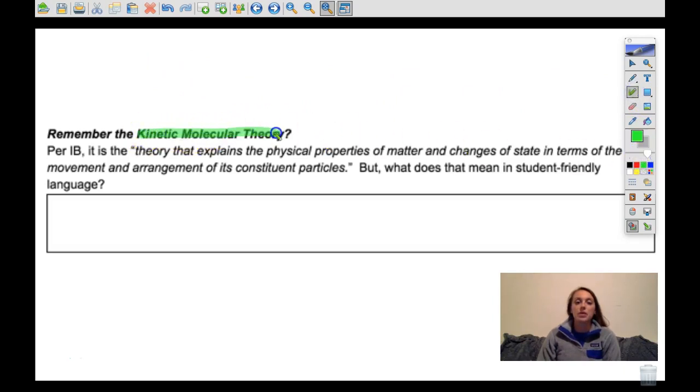And per IB, the kinetic molecular theory is the theory that explains the physical properties of matter. So what they mean are the three states of matter, and then the changes of state, and these represent the phase changes.